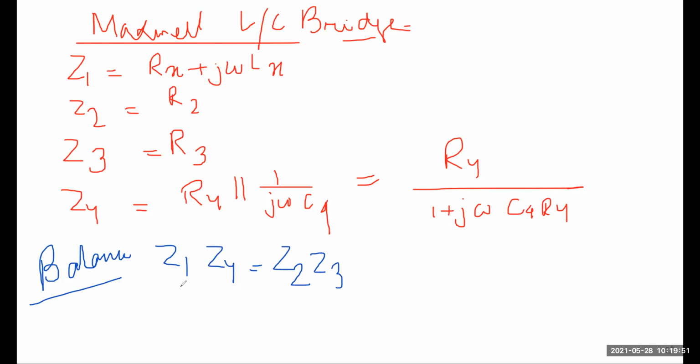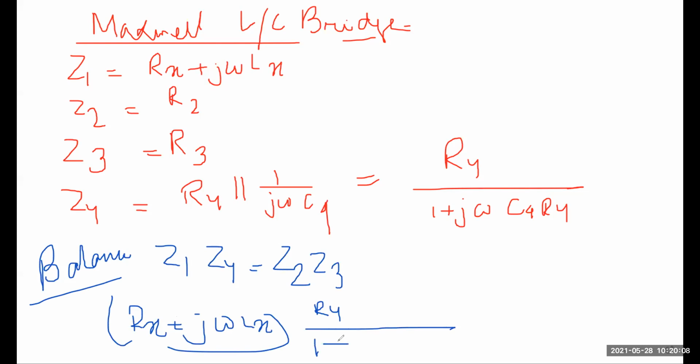Z1 is Rx plus J omega Lx. And Z4 is R4 divided by 1 plus J omega C4 R4. Next, Z2 is R2 and Z3 is R3. Okay, so I think this much is clear to you all.